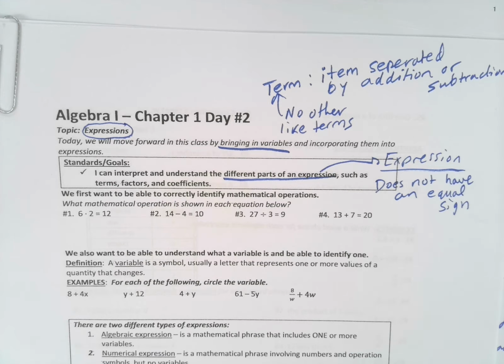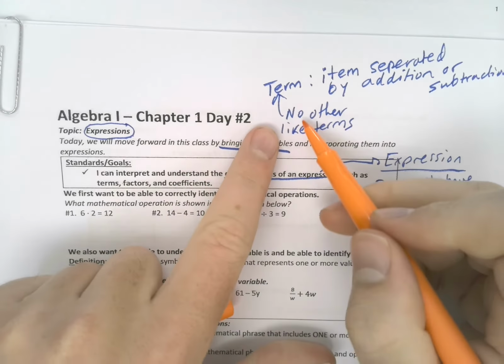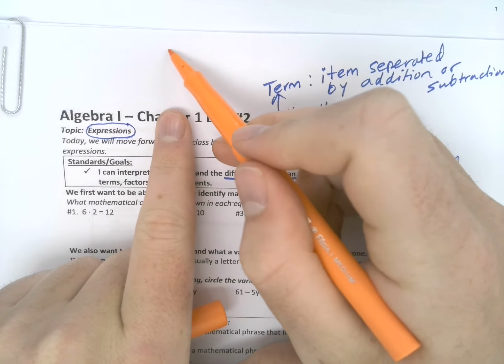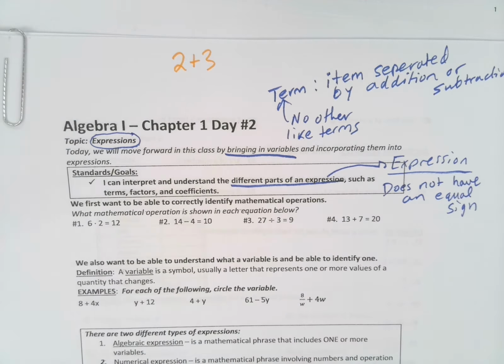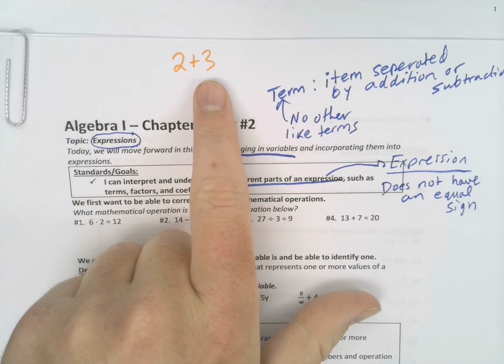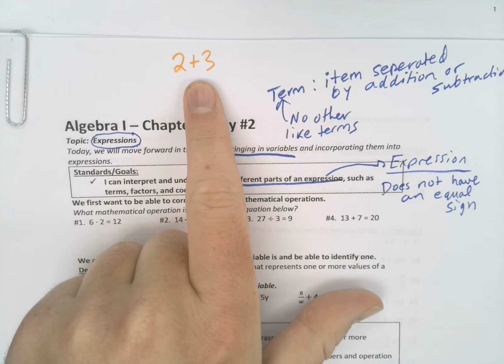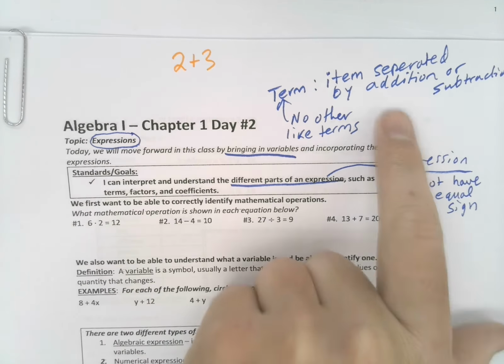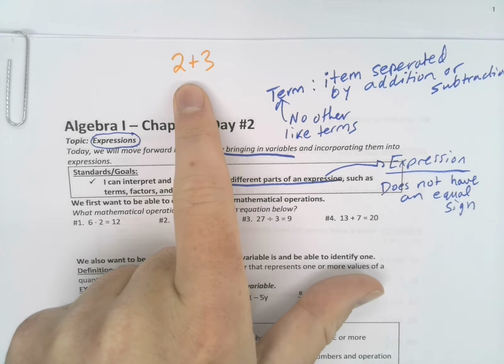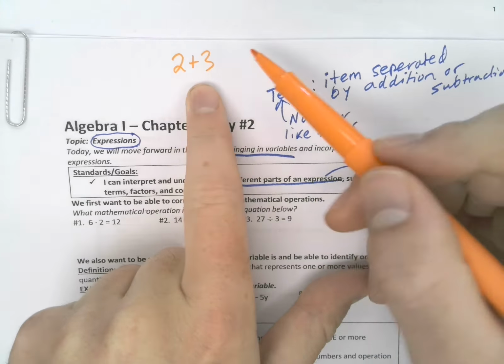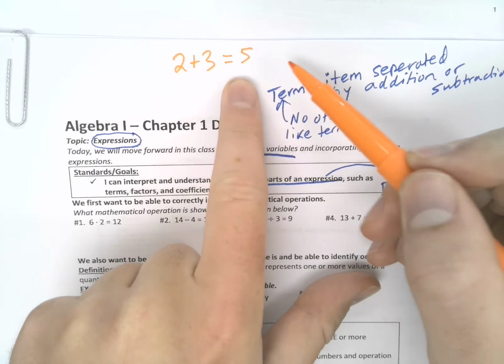So, for example, what do I mean by that? Let's say we had 2 plus 3. Normally you would say, okay, this is two terms, right? Well, even though we have an addition between them, they're like terms. Because what do we know 2 plus 3 is? That's 5.